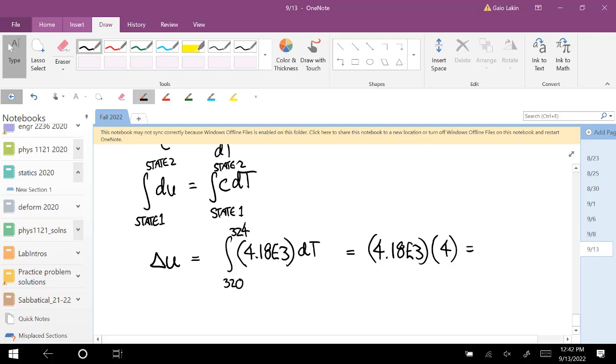And you get 16.72 times 10 to the third. This is in joules per kilogram.